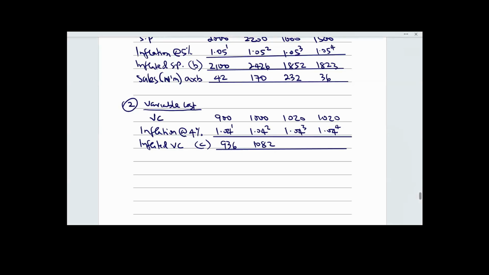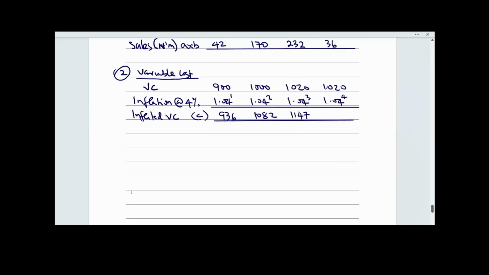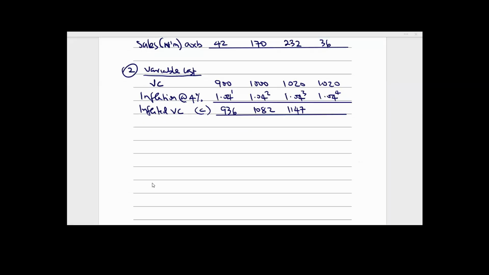Then year 3, 1.04 raised to power 3, multiplied by 1020, equals 1147. Year 4, 1.04 raised to power 4, multiplied by 1020, equals 1193.